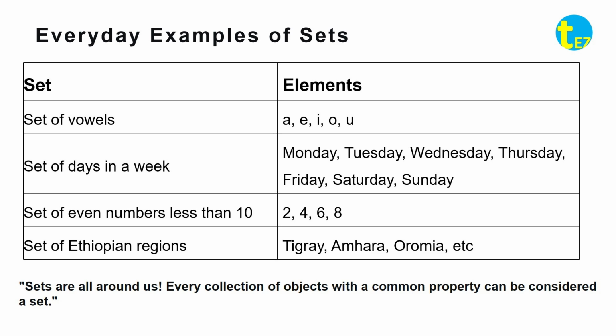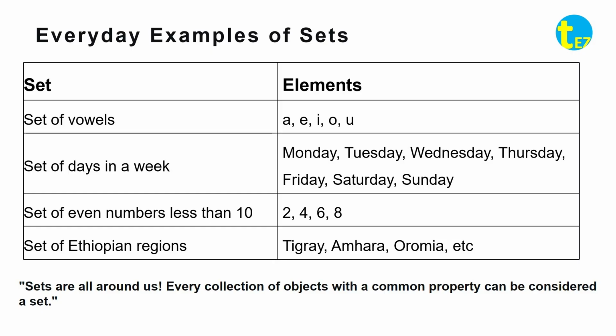Let's look at some examples of sets that you might already know from your daily life. First, think about the vowels in the English language. You know that the set of vowels is A, E, I, O, and U. That's a set. Second, think about the days in a week. You know that there are 7 days of the week.